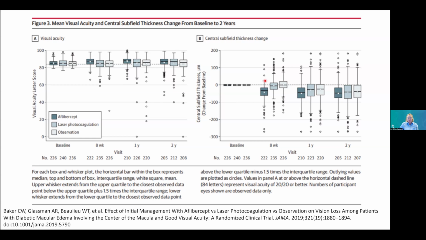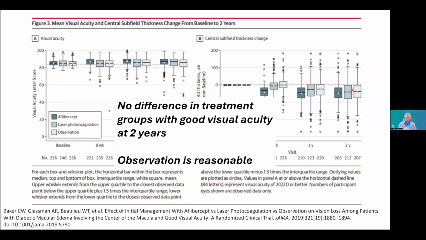And same goes for the central subfield thickness. So we look at our 2-year time point. Again, there's no significant difference between these three groups, okay? So what this means is that with good visual acuity, observation may be reasonable for these patients.